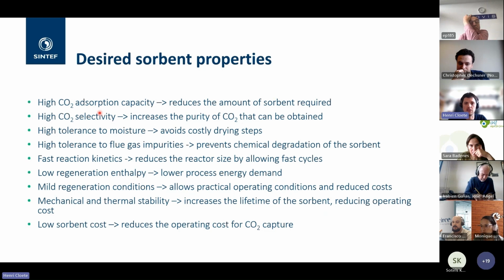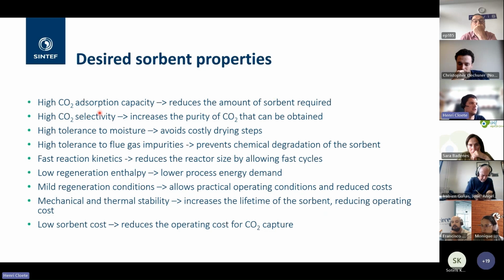Another important factor is to have a high tolerance to flue gas impurities. There's things like SOx and NOx and other impurities in flue gas that can chemically degrade your solvent and reduce its working capacity. You want fast reaction kinetics to reduce the reactor size. You want a low regeneration entropy to reduce the energy that you need to release your CO2.